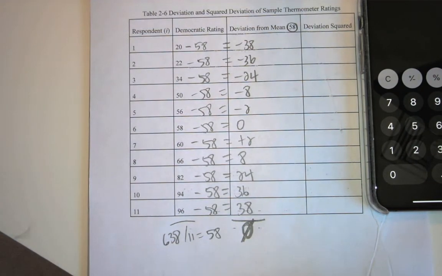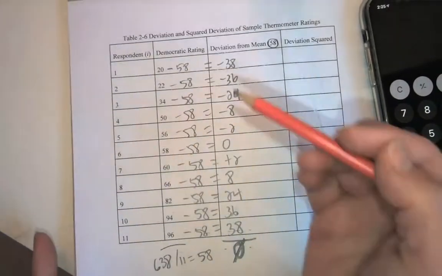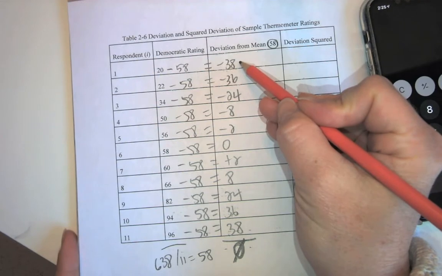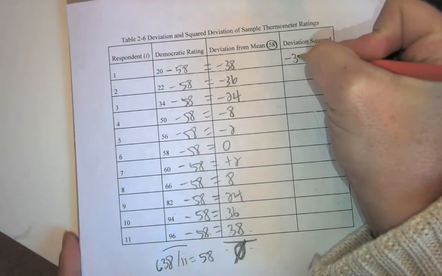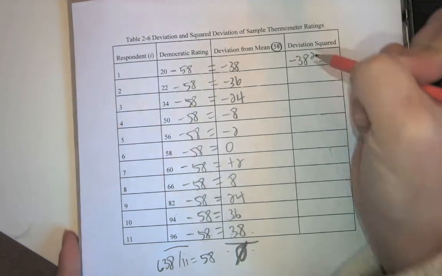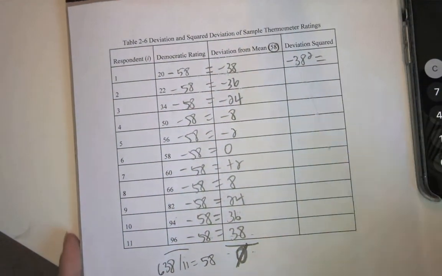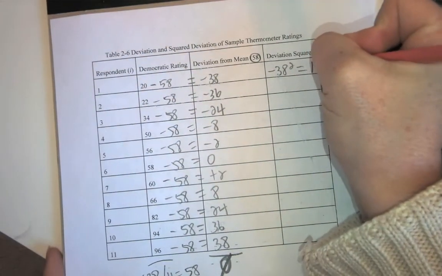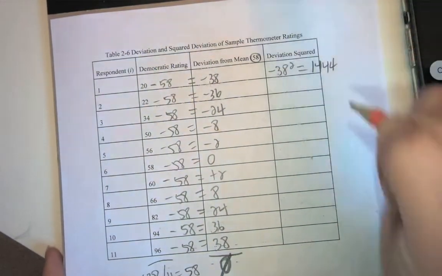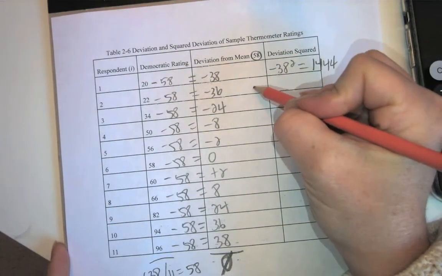So step 2 in calculating your standard deviation is to square each deviation. All you do is take the deviation from the mean for each respondent and then square it. So negative 38 squared, and then I do my calculation, 1,444.